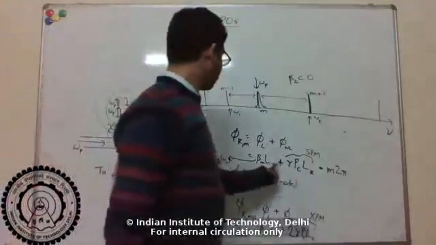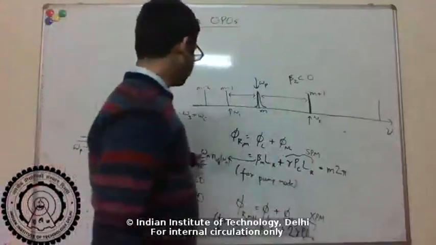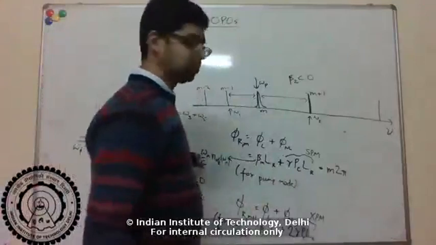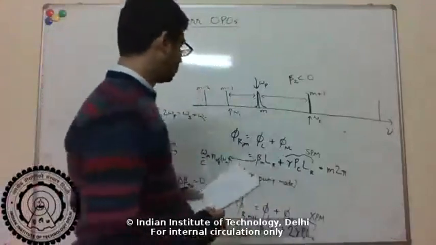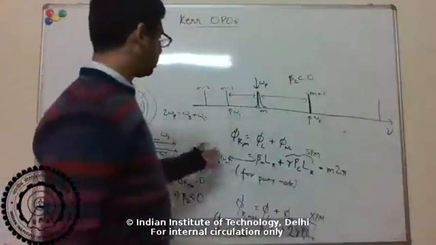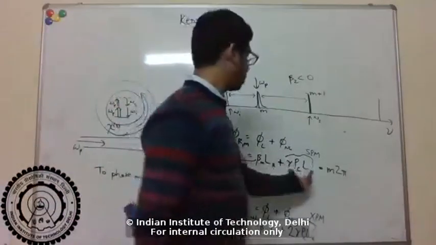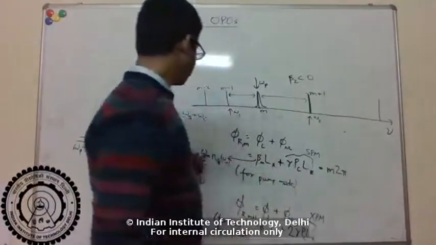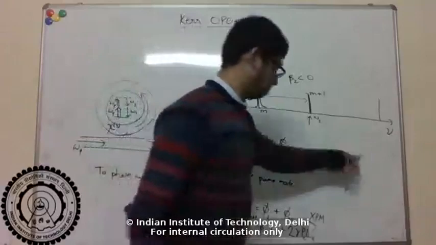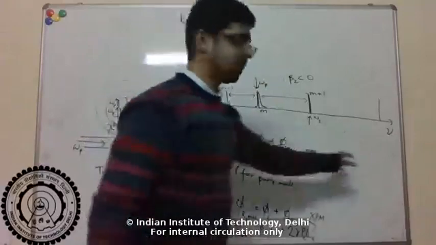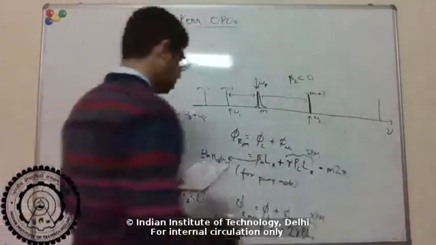From this equation, we can solve for the mth resonant frequency omega m. In the last class, we just had this term. We didn't have this term at all. So we just saw that the mth resonance frequency was m times c over n effective L.